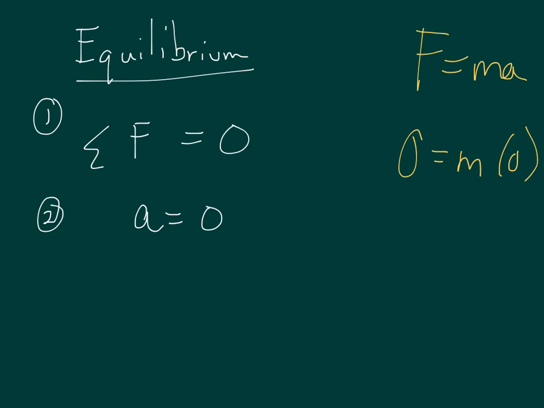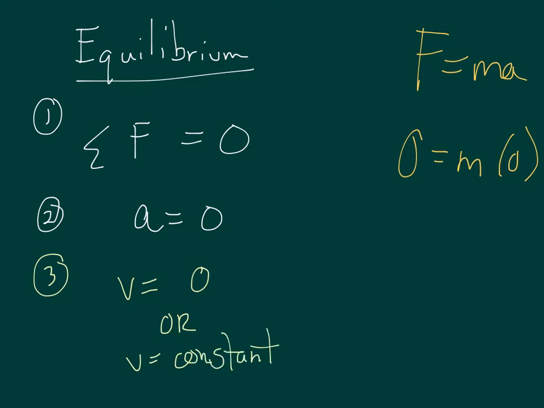Now, if acceleration is 0, what is true about the velocity of an object? And be careful here. There's two possible answers. If acceleration is 0, Kev? Either the velocity is 0 or it's constant. Good. Very good. Those are the two possible cases.